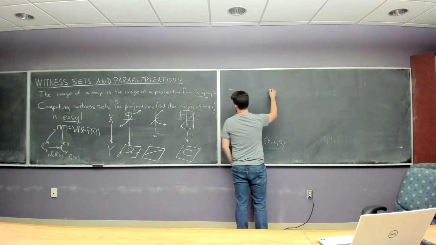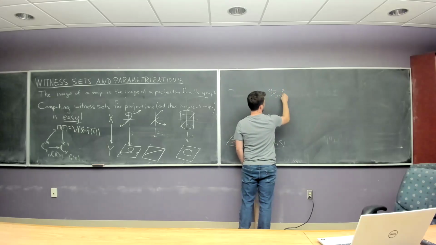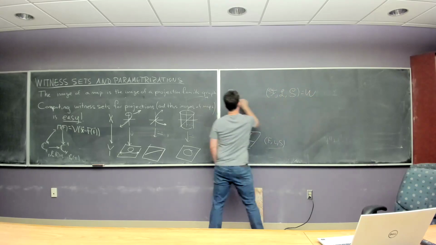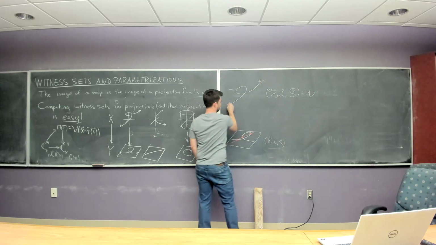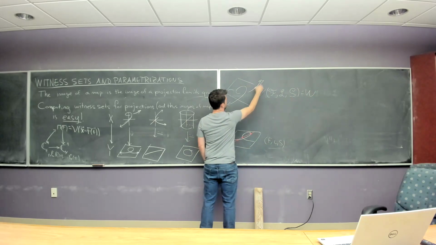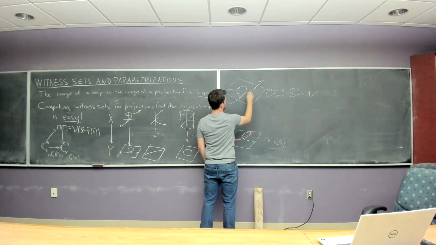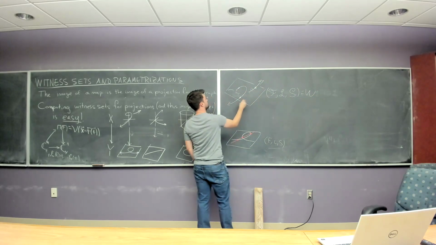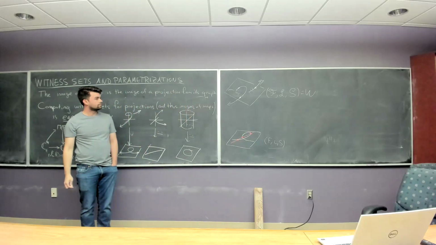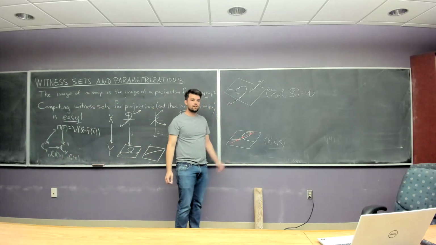Okay, but we do have these equations upstairs, and we could have some witness set upstairs. It goes in, pops out, goes back. So how do I turn a witness set upstairs into a witness set downstairs?